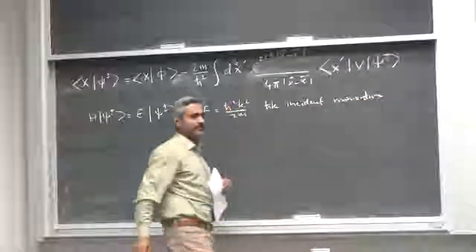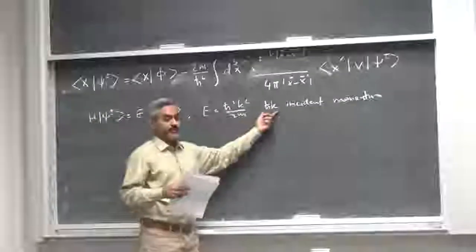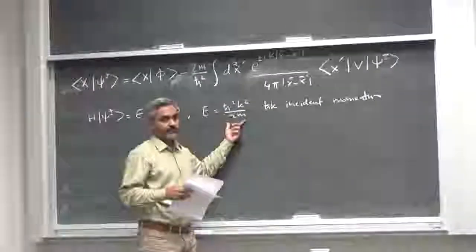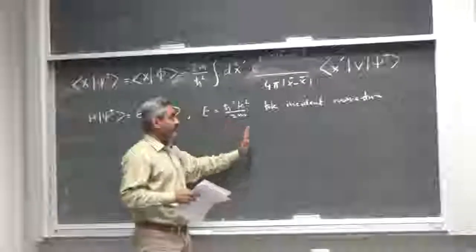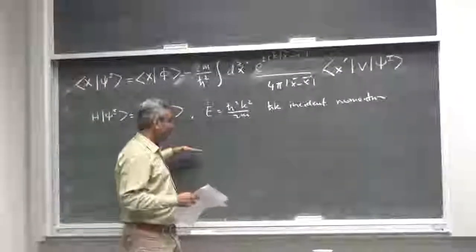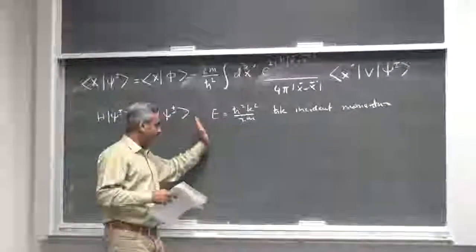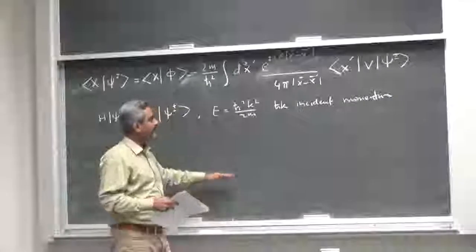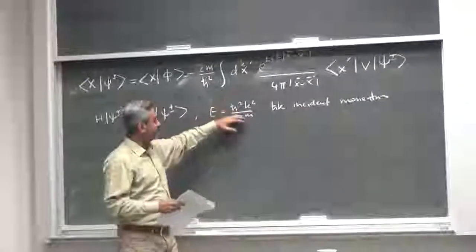Now this is the picture. We prepare particles with definite momentum, which means that they are plane waves, right? And you choose them to be plane waves, which means that they're moving in a given direction. Things don't change in this direction, so that's a plane wave. And the energy of the incident wave is this.